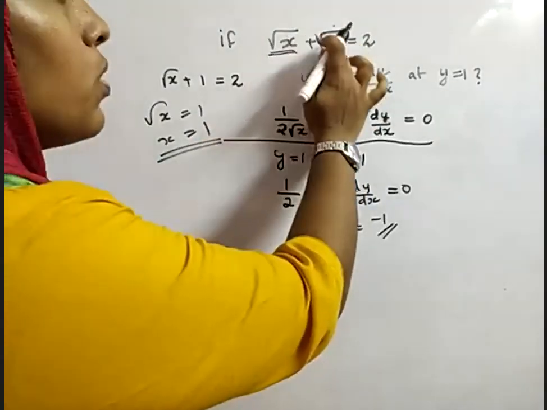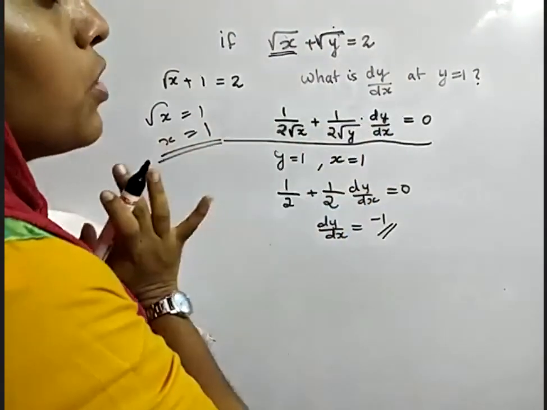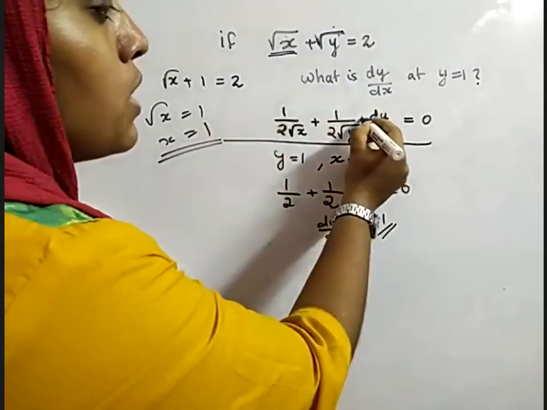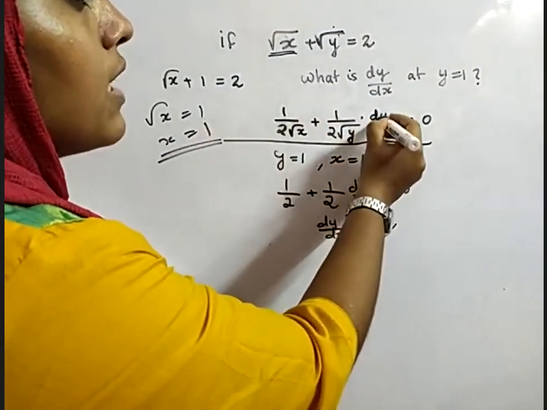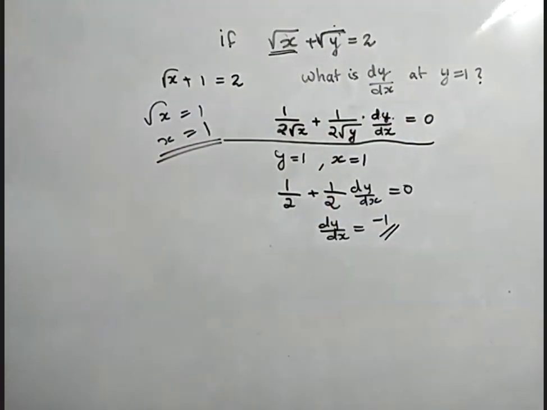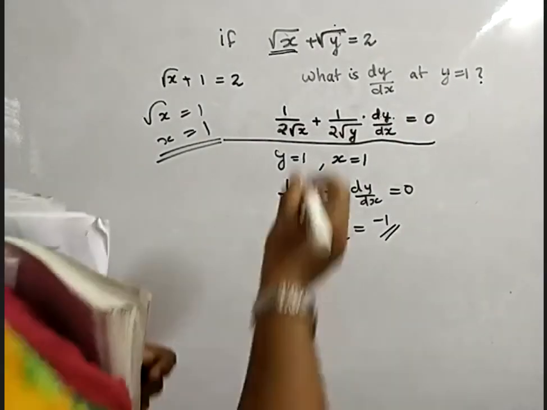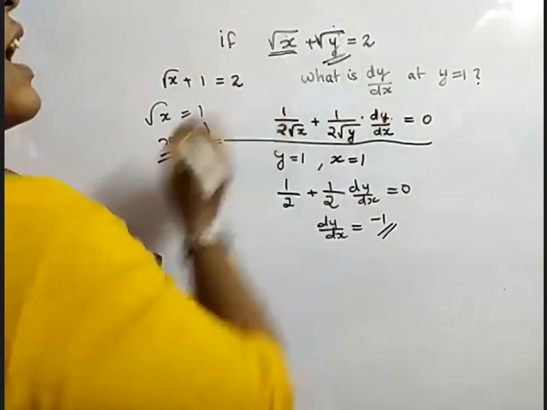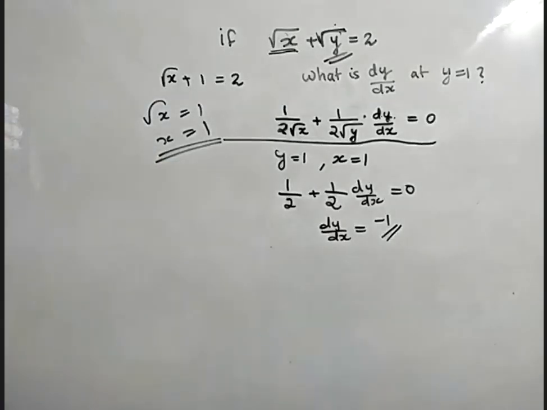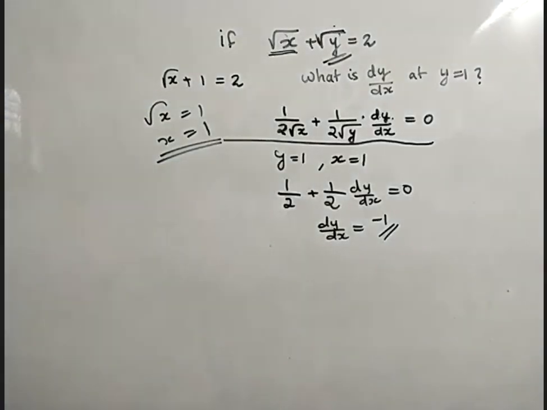So I took the derivative of root, that is 1 by 2 root y, into derivative of y, that is dy by dx. I'm applying chain rule. That's why I told that when you see y, take the derivative as dy by dx.